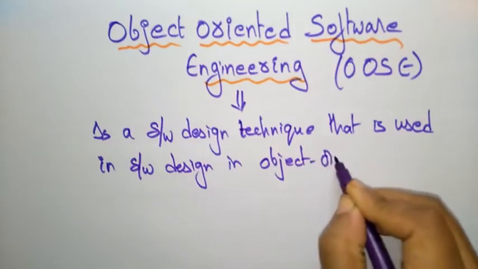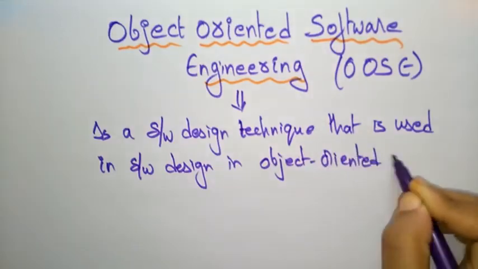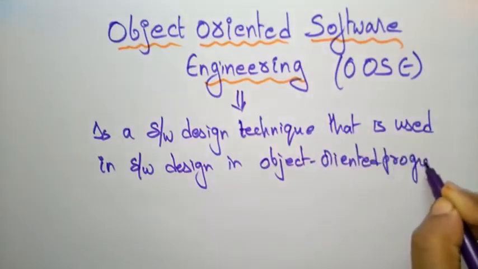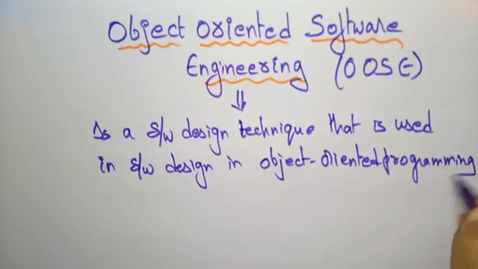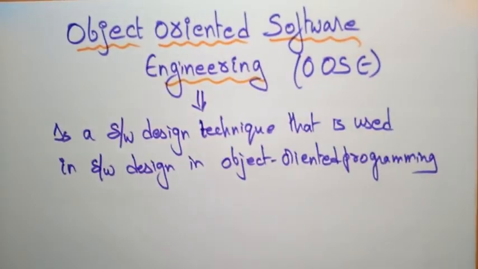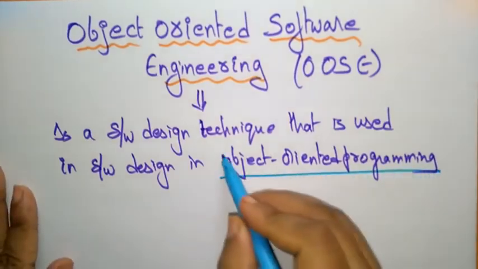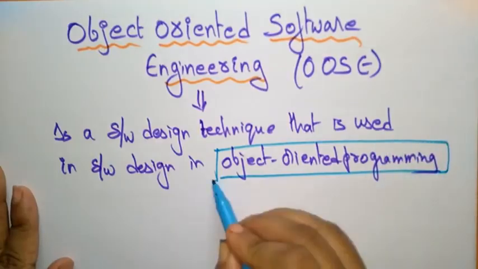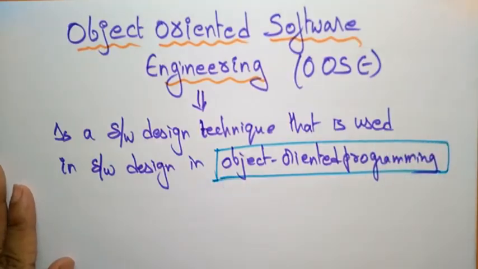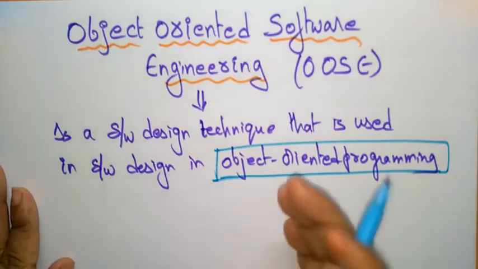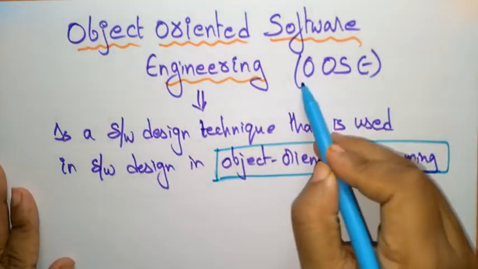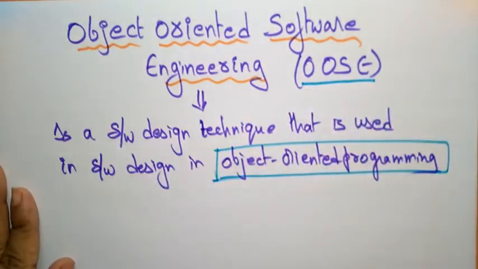You have to remember this concept. Whenever we talk about object oriented software engineering or object oriented analysis and design, we use that software design technique mainly to design object oriented programming. To design an object oriented program, we have to use the object oriented software engineering technique.